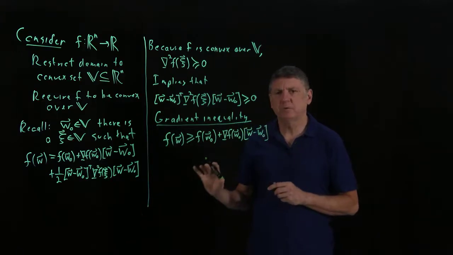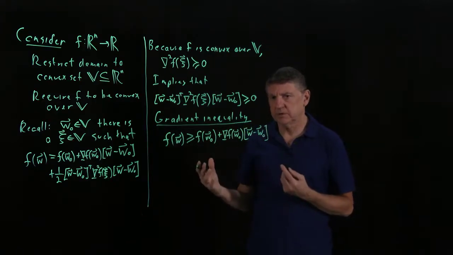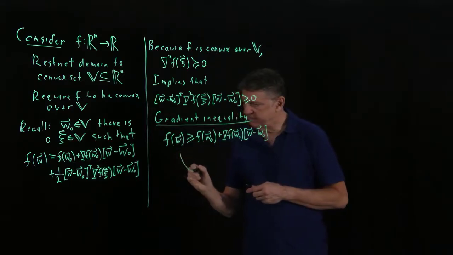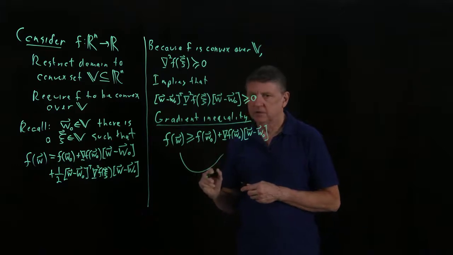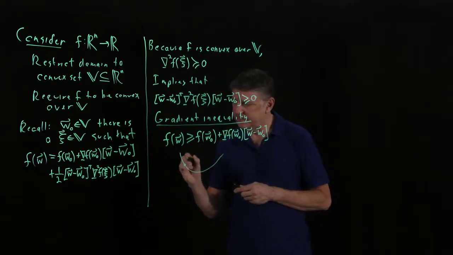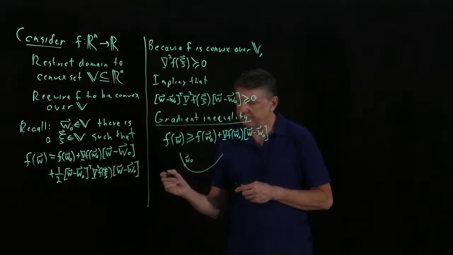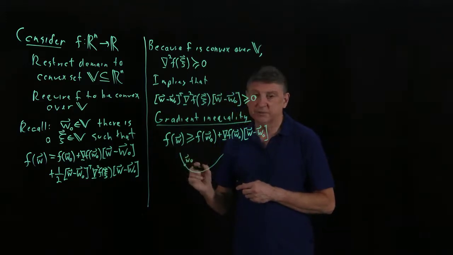And let's briefly recall 1D before we go into a 2D example. In 1D, what we said was that if a function is locally convex and we take any point along the, here I'm drawing it as though it's a vector.